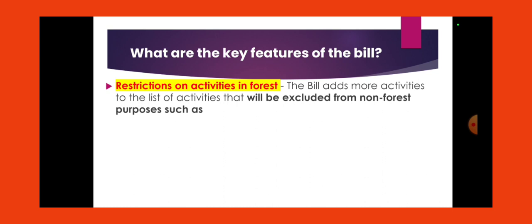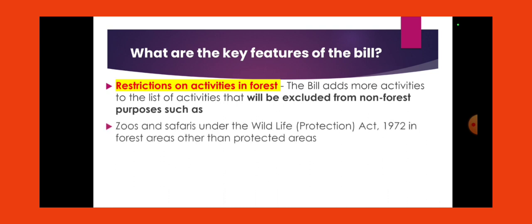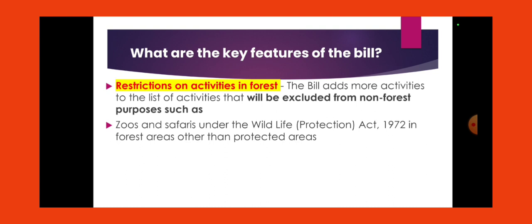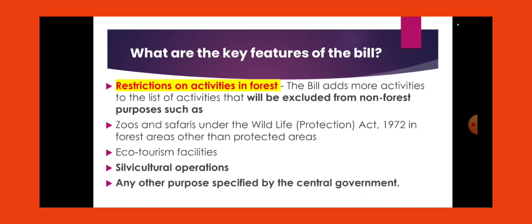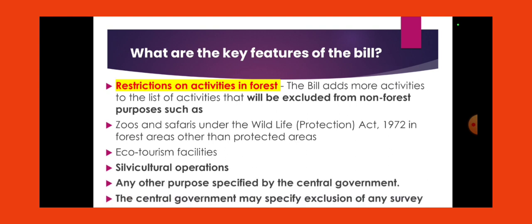The bill adds more activities to the list of activities that will be excluded from non-forest purpose, such as zoos and safaris under the Wildlife Protection Act 1972 in forest areas other than protected areas, ecotourism facilities and silvicultural operations, and any other purpose specified by the central government. The central government may specify exclusion of any survey.